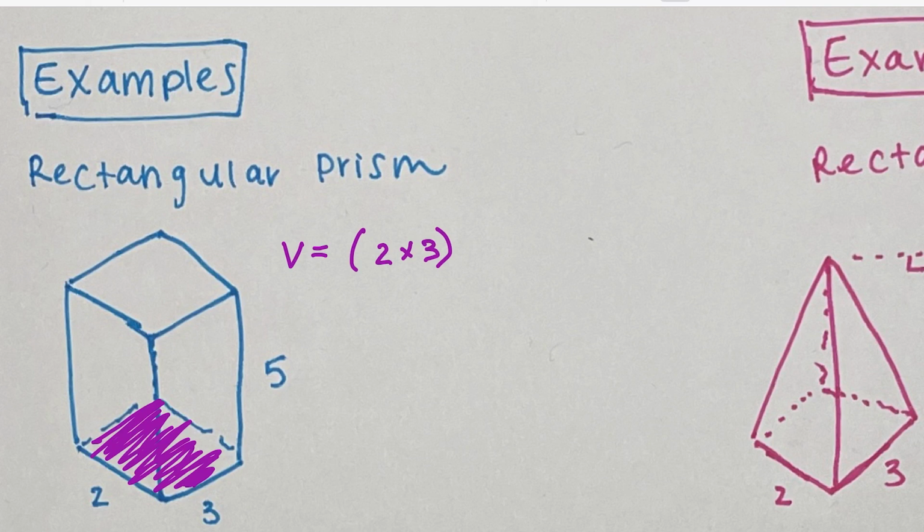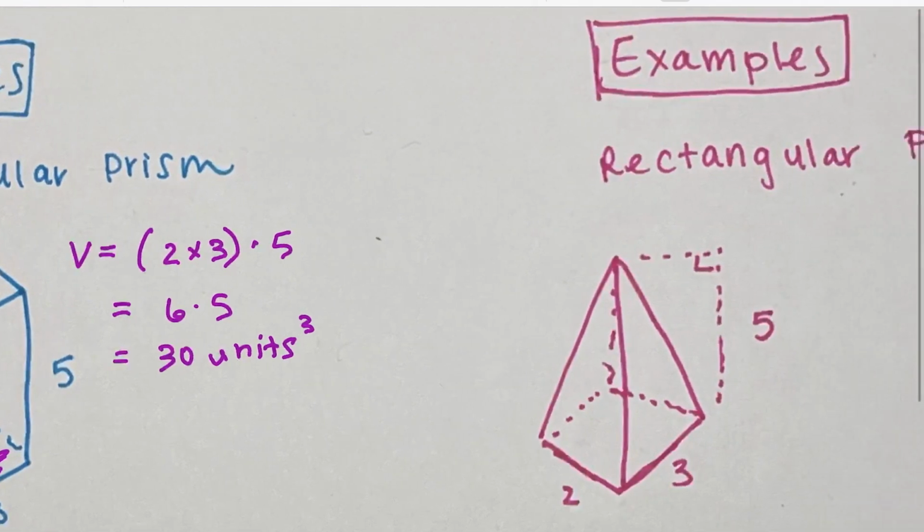And then we multiply the area of that base by the height, which in this case is 5. 2 times 3 is 6, times 5, and the final answer is 30 units to the 3rd power. It is important to include that to the 3rd power, otherwise your answer will be incorrect.